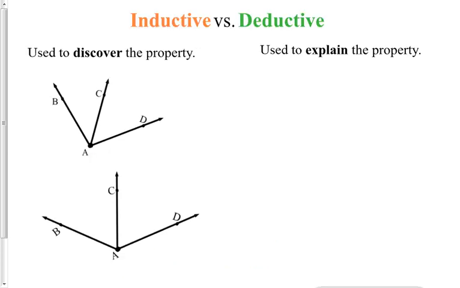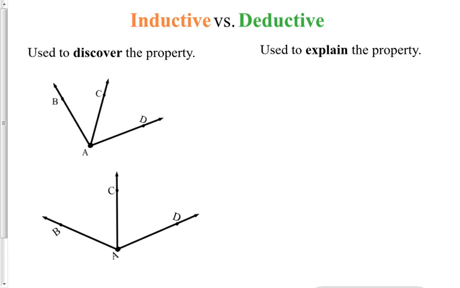Now let's look at the difference between inductive reasoning and deductive reasoning. On the previous slide, we just saw that we used some inductive reasoning to create a conjecture, to discover a property, that if we take an obtuse angle and we bisect it, we will get two acute angles. But how does deductive reasoning play into this?